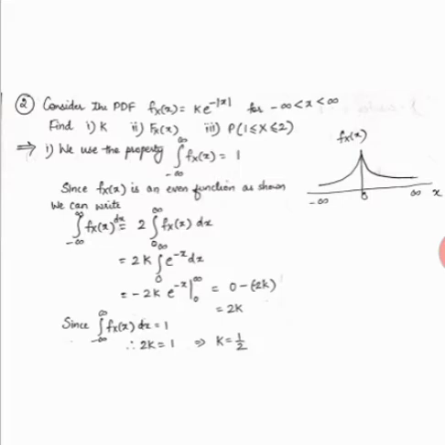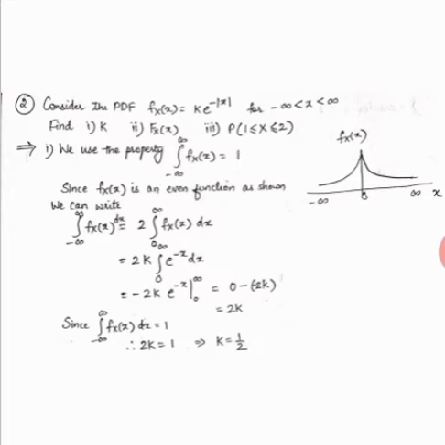Now in this particular case, if we plot the function, we can see that when x values are from minus infinity to 0, that is if x values are negative, then we get the function fx of x equal to k e raised to positive x. If x values are positive, then for x greater than 0, we get the values as k e raised to minus x.